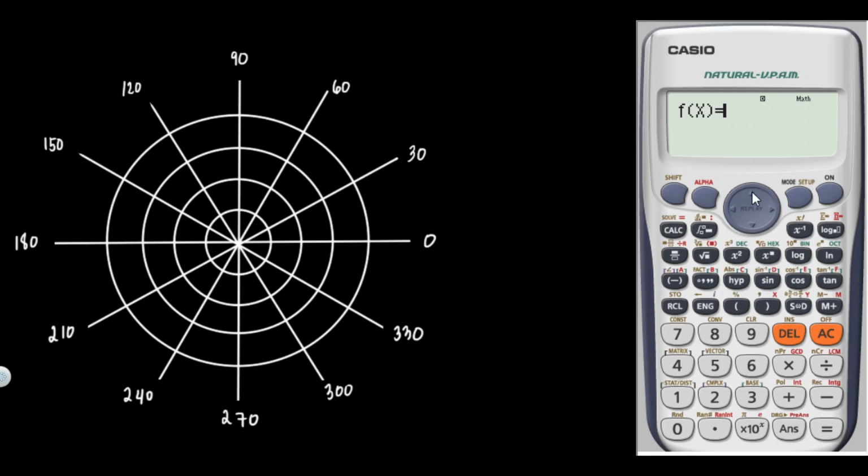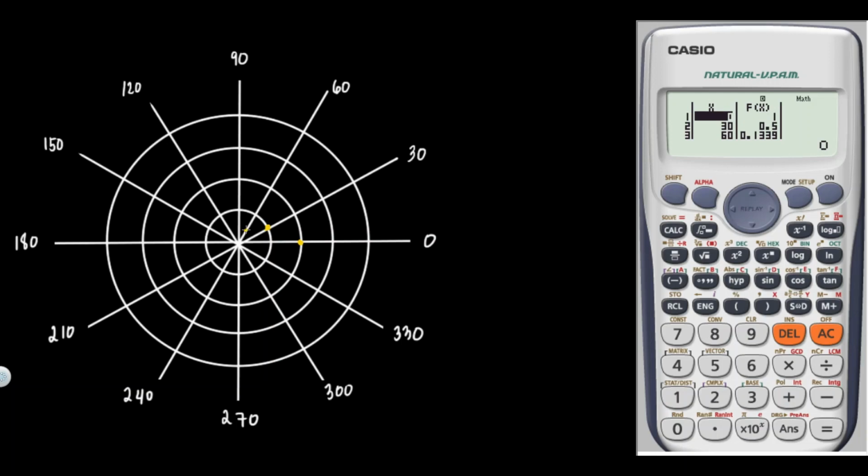Oh, our answer disappeared. What happened? Let's do it again: 1 minus sine x, press equals. There it is. Let's plot this. At 0 degrees, r is 1. At 30 degrees, 0.5. At 60 degrees, 0.1339.